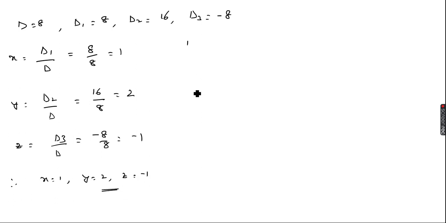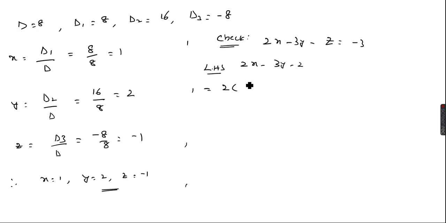So we get this answer, but whether the answer is correct or not, how to check it? Check or verify. We take 2x minus 3y minus z equal to minus 3. LHS is 2x minus 3y minus z. 2 into x value 1, minus 3 into y value 2, minus z into z value minus 1.